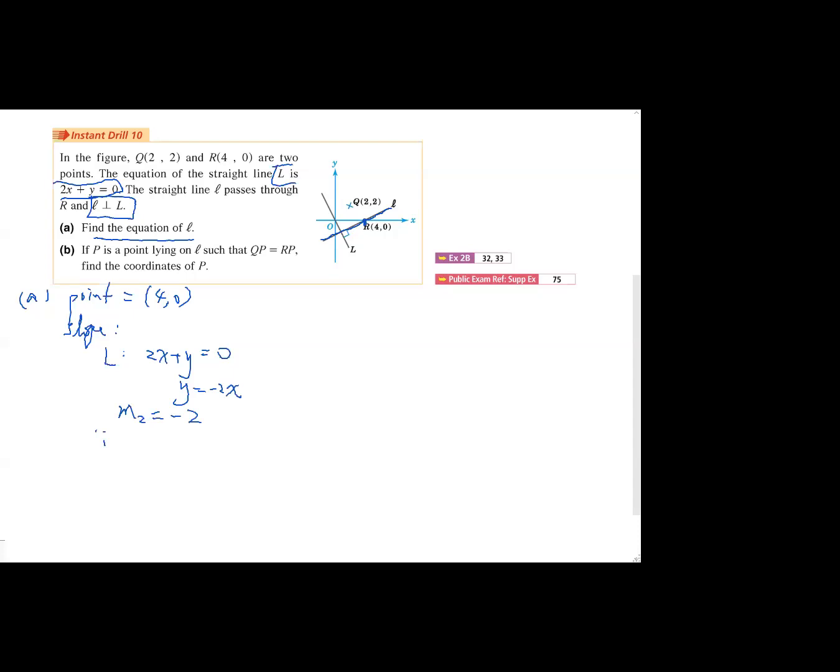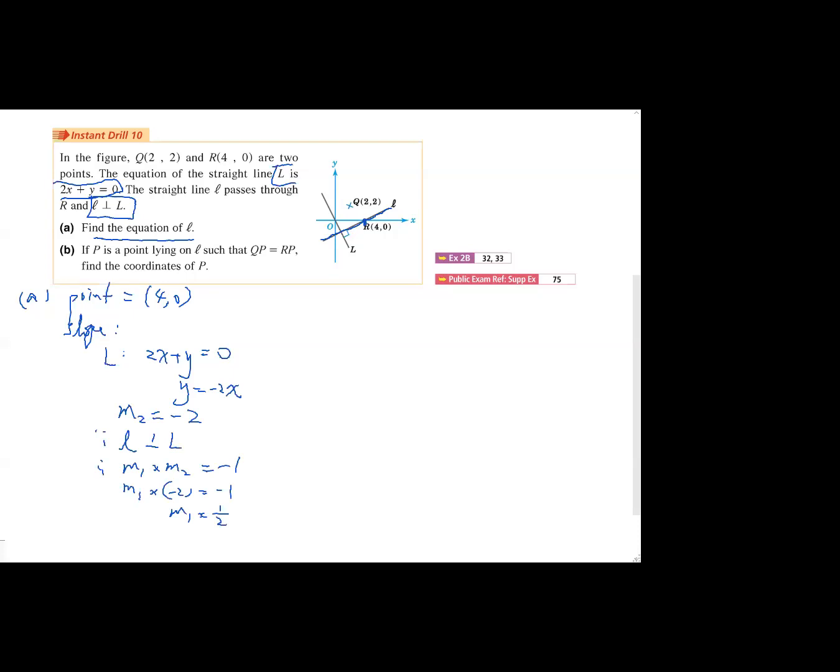And because small l is perpendicular to capital L, therefore we have m1 times m2 equals -1. All right, so m1 times -2 is -1, which means that m1 will be 1/2. Okay, so that is the slope of small l. Okay, and that is the slope we want to find.